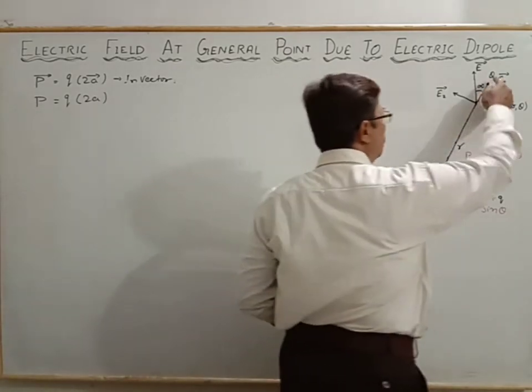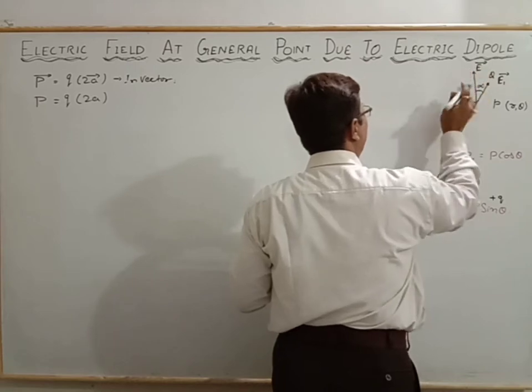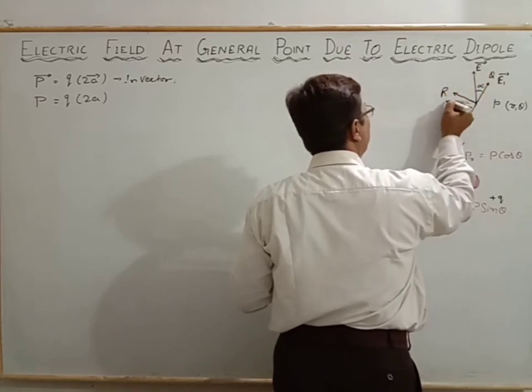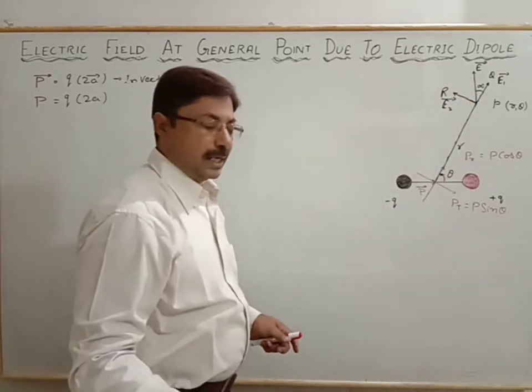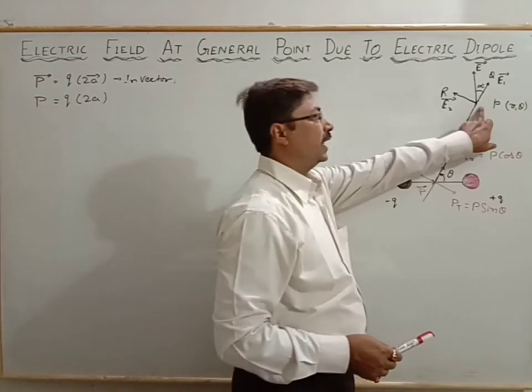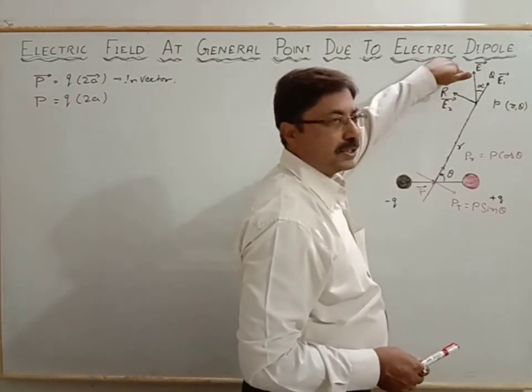Now P to Q and here P to R. Let the point be R here, and it is the electric field E2 vector. So this is the arrangement. Now we have to calculate the electric field at the general point and also its direction.